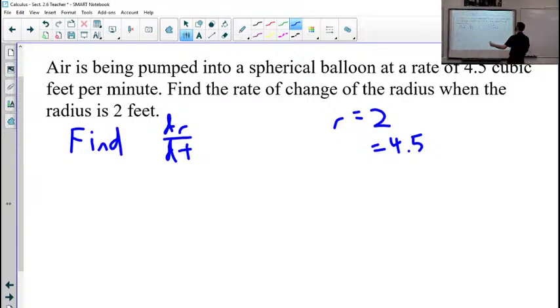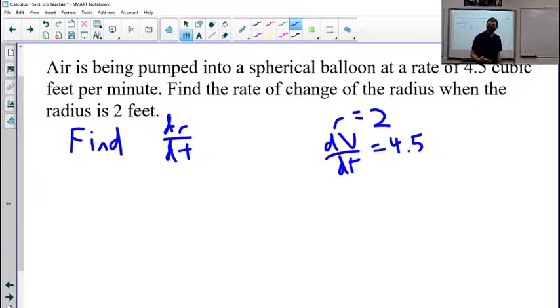It is, and the clue that it is this dV dt is that, well, first off, the amount of air in a balloon is a volume question. That's your first clue. Your second clue is that it's in cubic feet per minute.